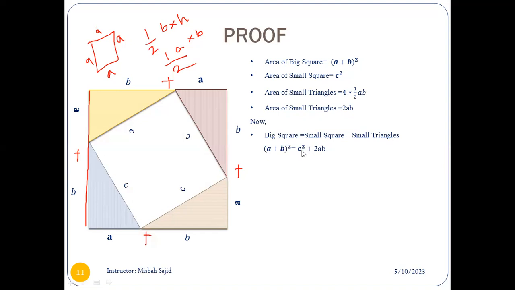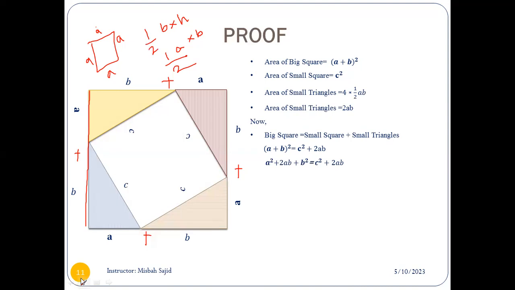The small square's area is C square and the small triangles' area is 2AB. Now A plus B whole square, here we can apply the formula: A plus B whole square is equal to A square plus 2AB plus B square. So A square plus 2AB plus B square is equal to C square plus 2AB.